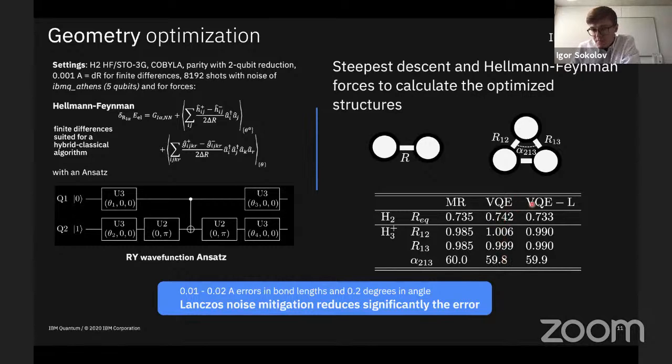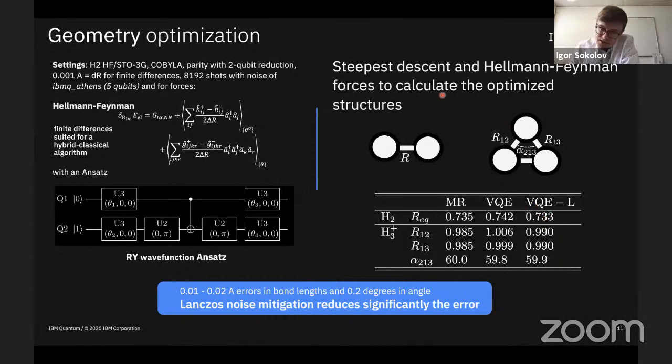As soon as we employ the Langevin mitigation scheme on top, we are significantly closer. You can see 2 milliangstrom close for the bond length. So the Langevin scheme definitely improved the quality of forces in this case.